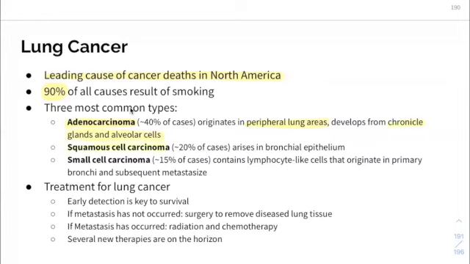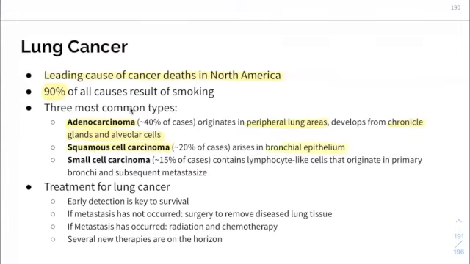Squamous cell carcinoma. I don't know if you guys remember back to Anatomy 1, the integumentary system. Squamous cell carcinoma was talked about. Well, it doesn't just affect the skin. We have squamous cells all over the body. So squamous cell carcinoma can affect the squamous cells in the lungs.